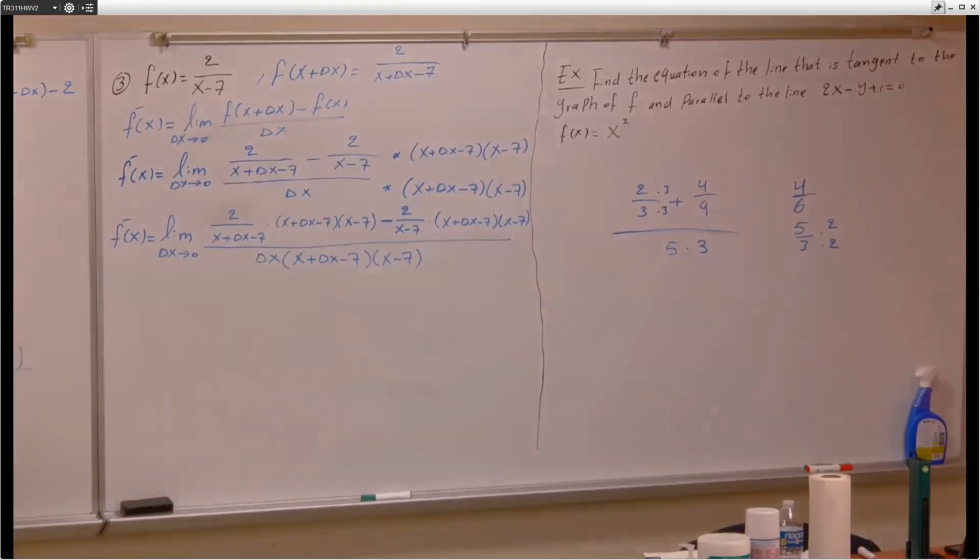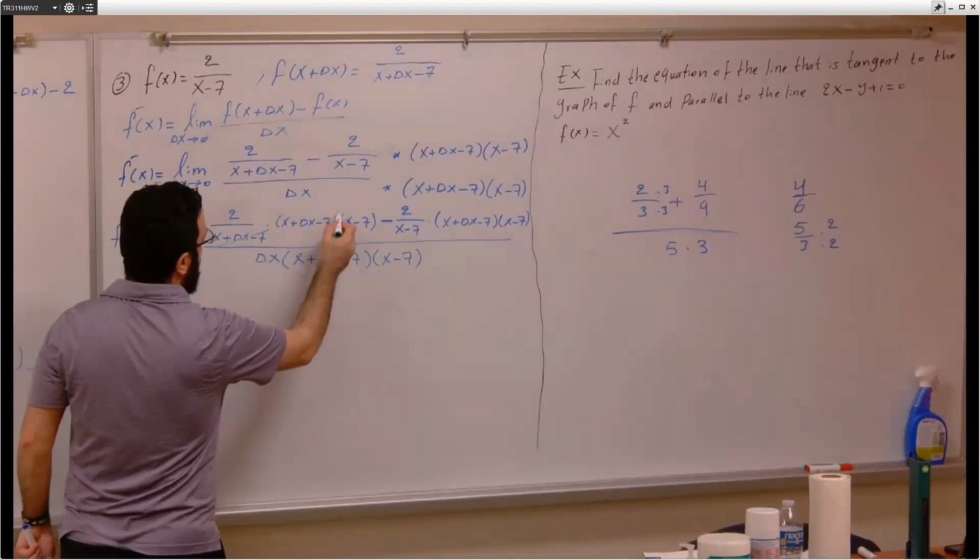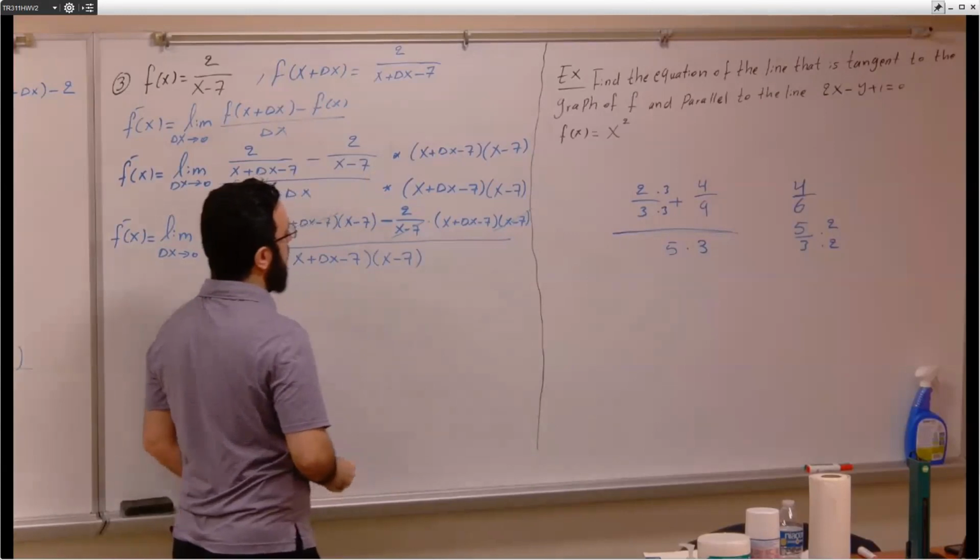Now we need to cancel, because our goal, when we multiply, is that this one is going to cancel with this one, and x minus 7 cancels with x minus 7.